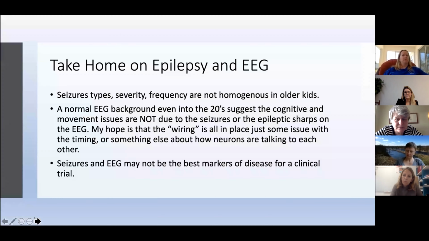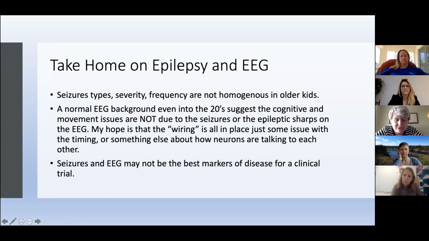So what does all this mean? We have a varied seizure type, severity, and frequency in older kids. We have a normal EEG background. They don't appear to have an epileptic encephalopathy. I'm going to throw out a term I'm using, but I don't really know how else to characterize it: my hope is that the wiring, meaning the basic fundamentals of the brain, are present and working.